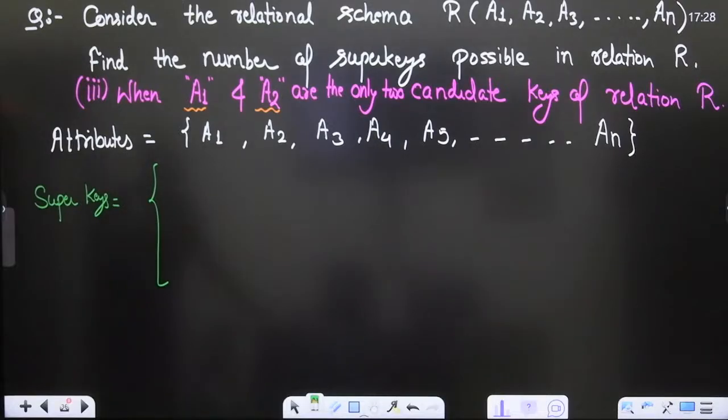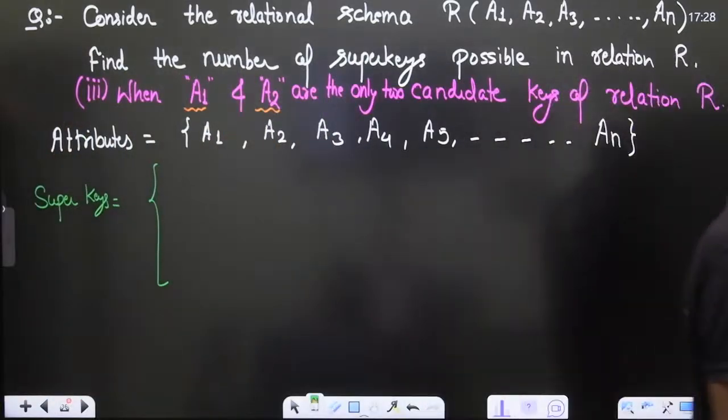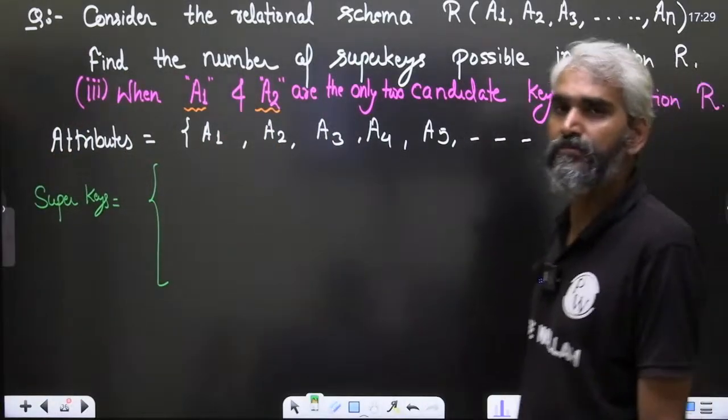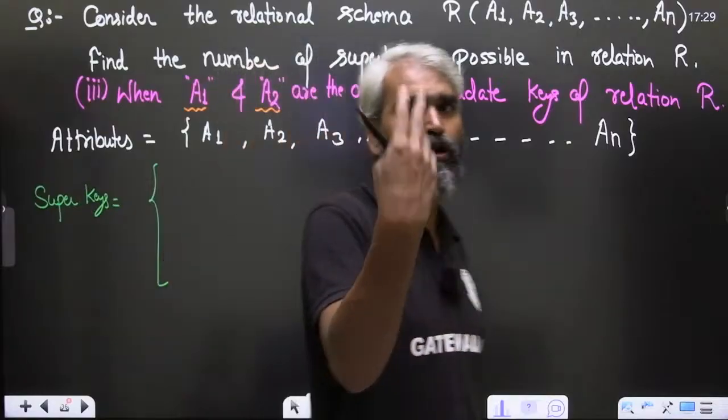That means attributes of more than one candidate key may also be present. Yes or no?